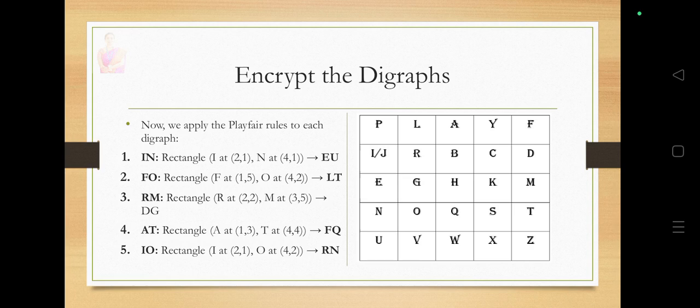In the first row, and where is T located? In the fourth row, right? You just draw the box, and you will get what? For A it is F, for T it is Q, right? Is it clear?